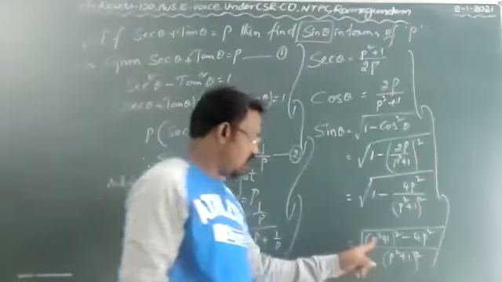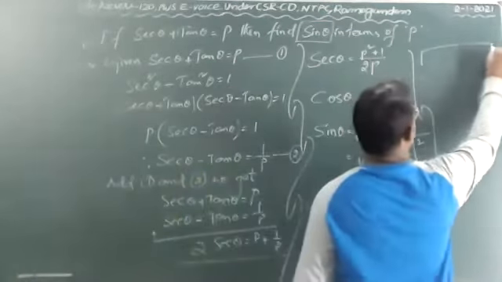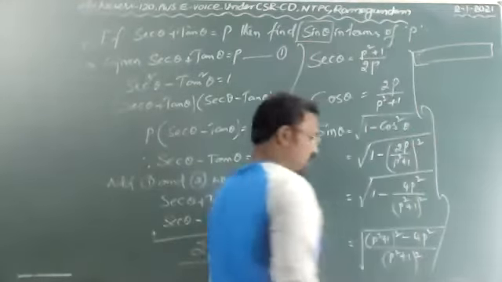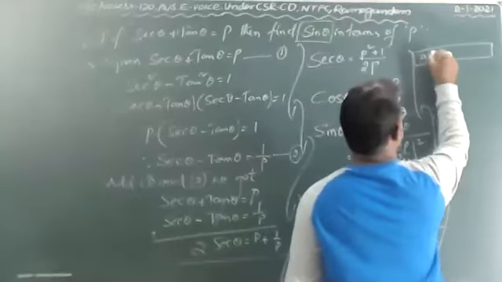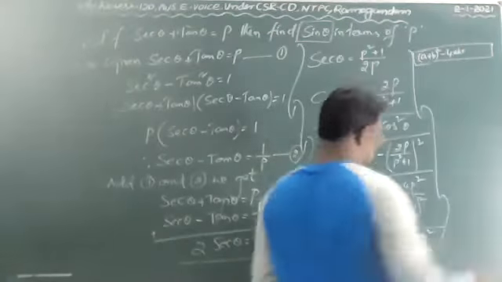Here we have a formula. A plus b whole square minus 4ab is a minus b whole square. This is the formula. B value is 1, so 1 into the same you will get.